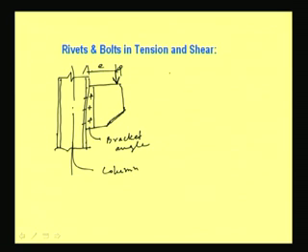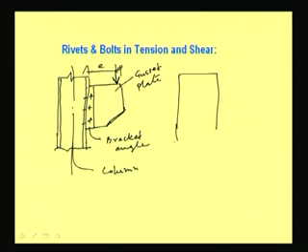So, if I see in this way, this is the gusset plate, in plan if I am going to see, this will look like this. These are the rivets or bolts, whatever you can say.